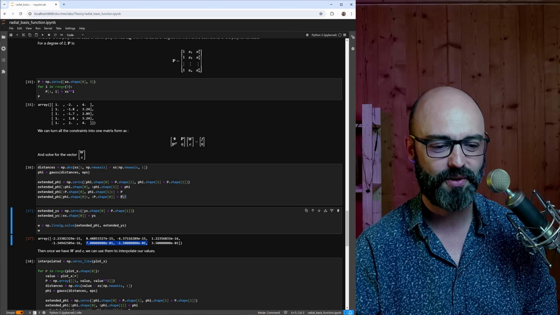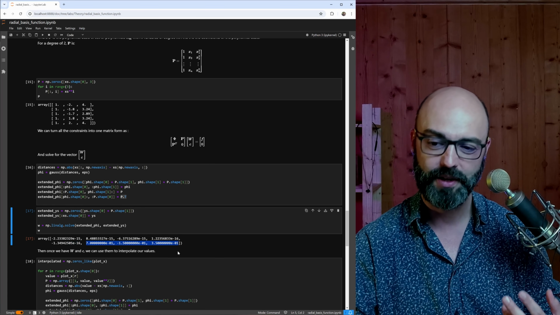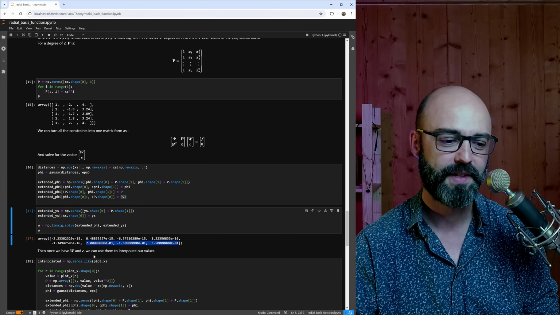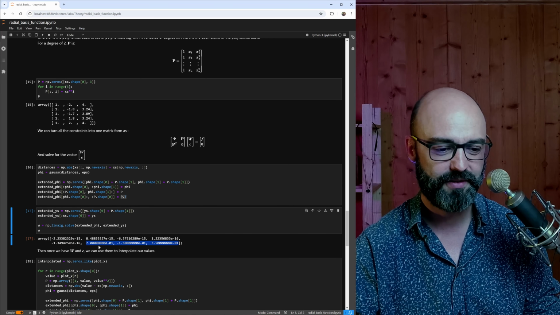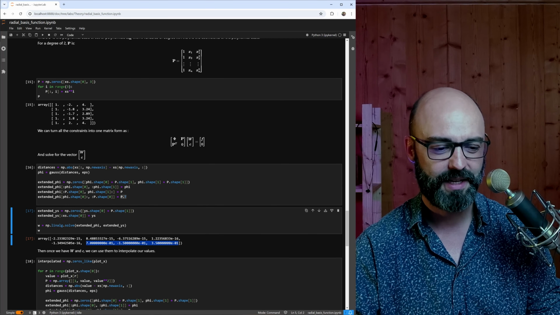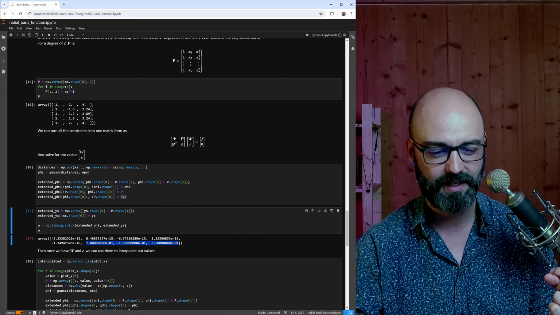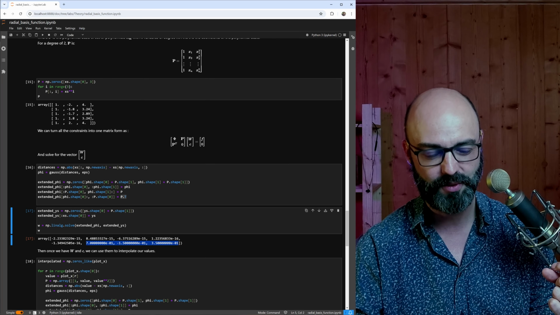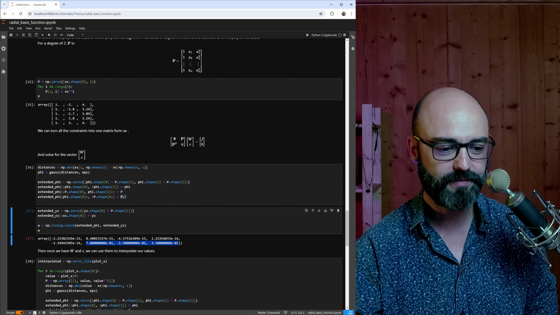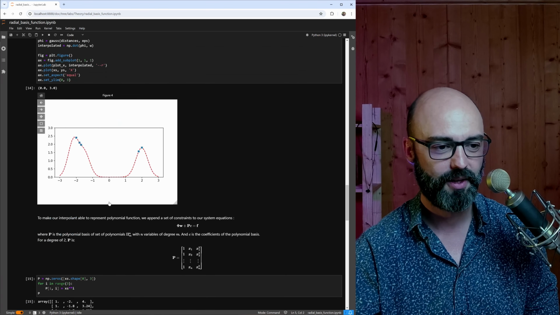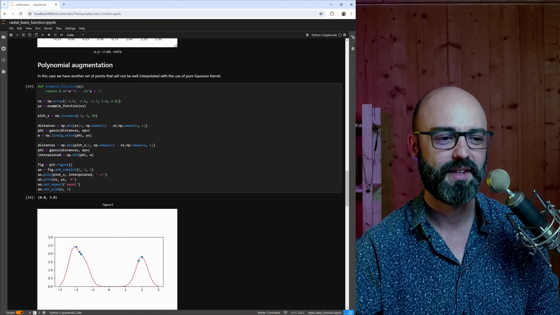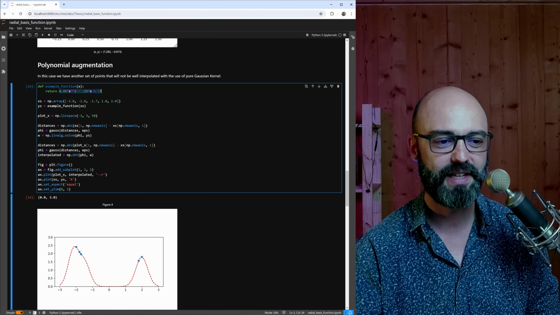And what it found for the coefficients of my polynomial is 0.7, minus 0.15 and 0.35, right? Which are exactly the values I have.